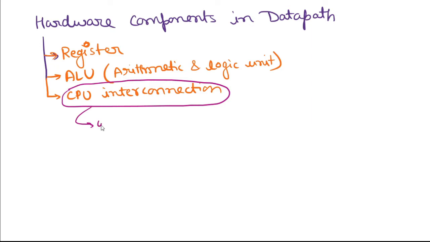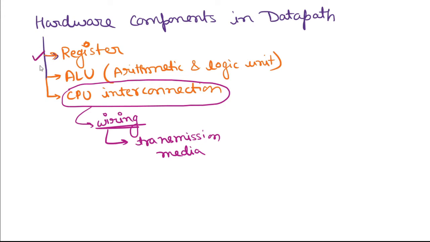It is quite equivalent to the system bus, that is, it is a transmission media through which the information passes. So register and ALU are the main components, and CPU interconnection is nothing but the wiring.